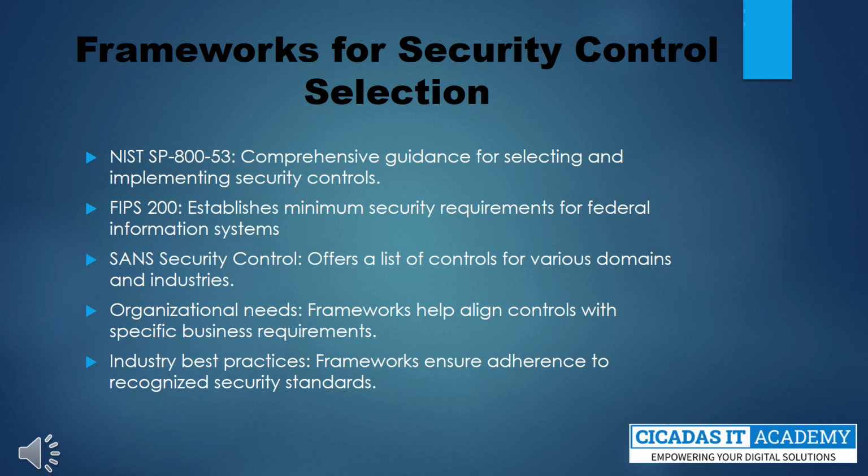These frameworks provide organizations with a systematic approach to identify, select, and implement security controls based on risk assessments and organizational needs. By leveraging established frameworks, organizations can ensure comprehensive coverage, minimize compliance gaps, and streamline the security control selection process.